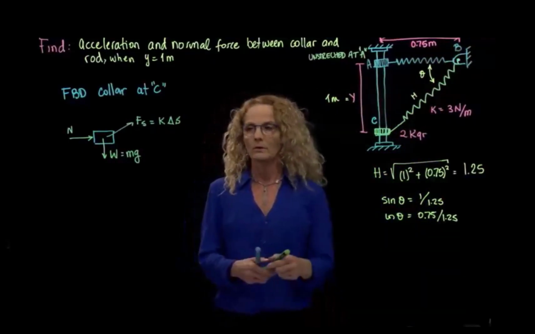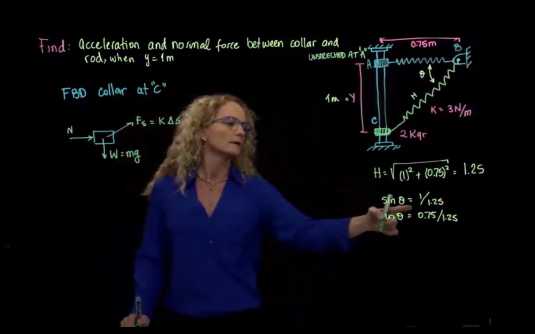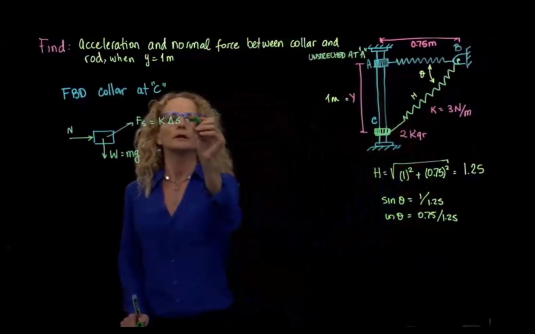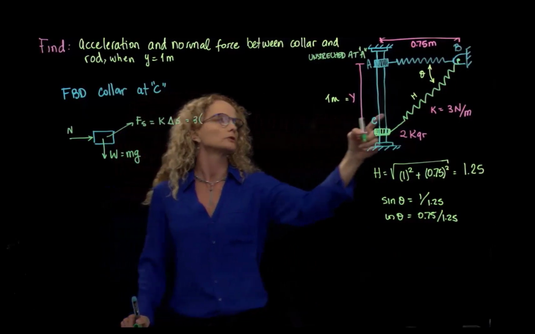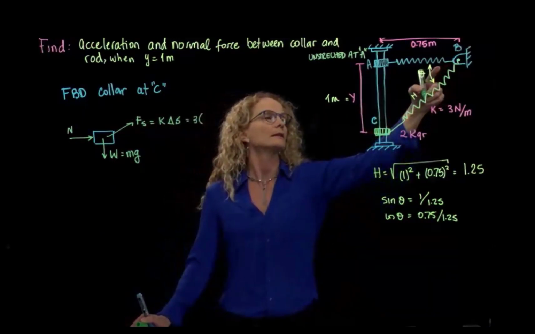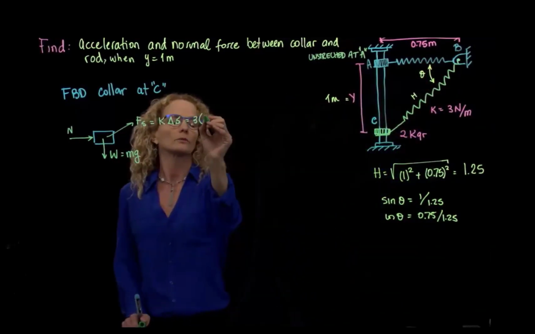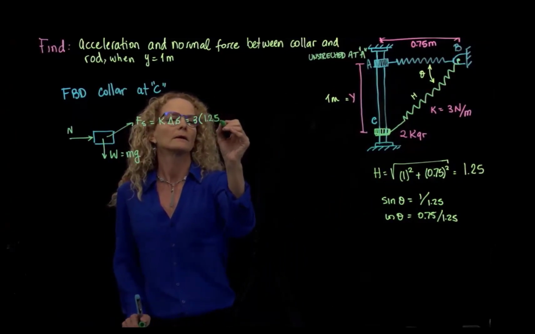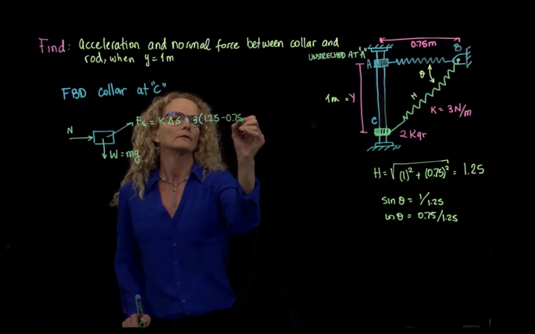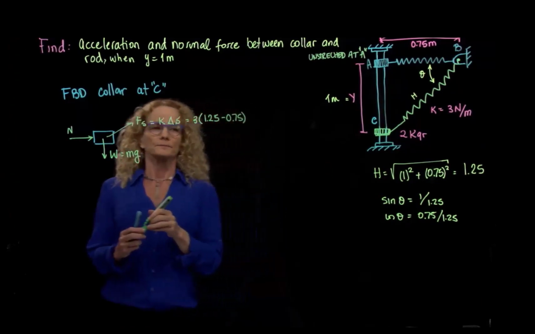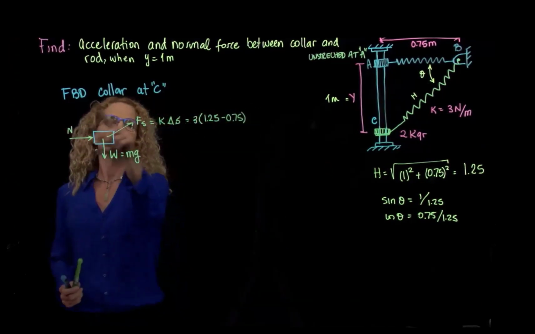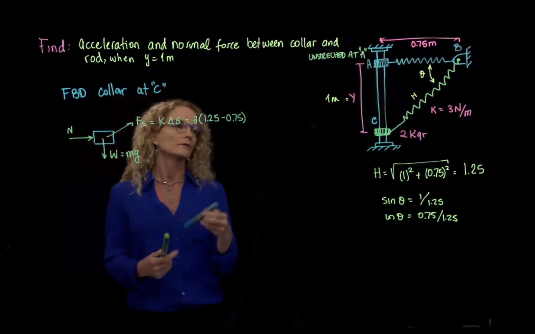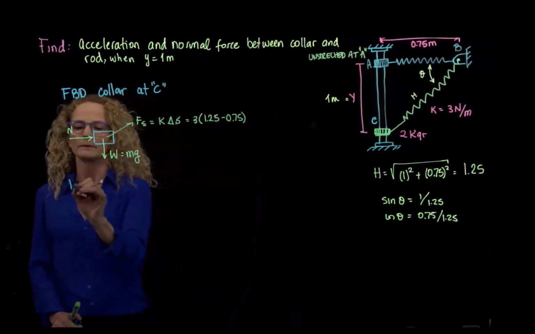Therefore, we do know that our constant is 3, and delta s will be equal to the stretched length minus the unstretched length. So we know that this is 1.25, which we just calculated, right? Minus 0.75.